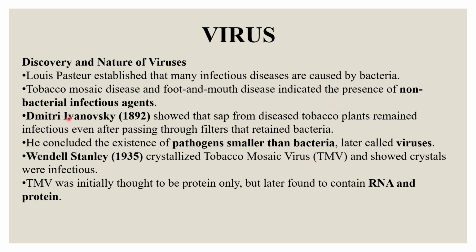Dmitry Ivanovsky in 1892 filtered the sap from the diseased tobacco plant and observed that the filtrate contains the infectious agent. He concluded the existence of pathogens smaller than bacteria, and later these pathogens were called viruses.